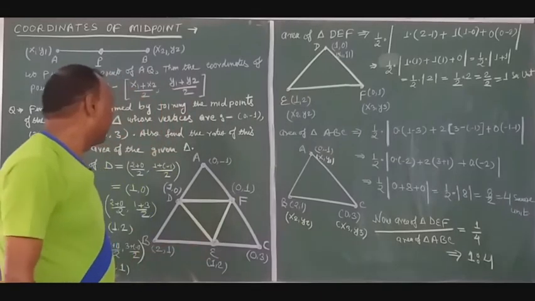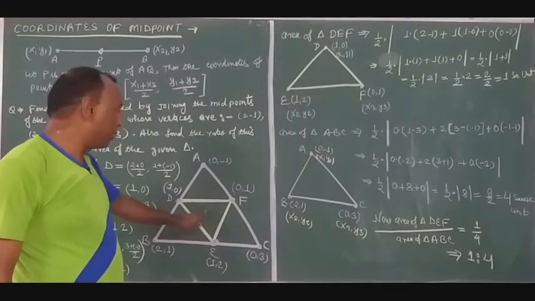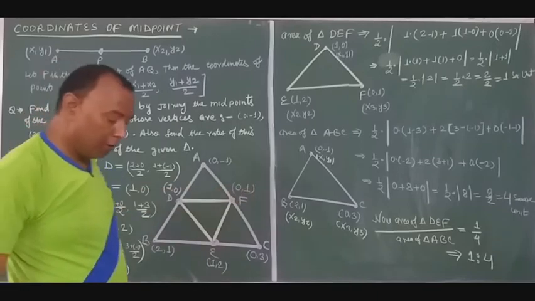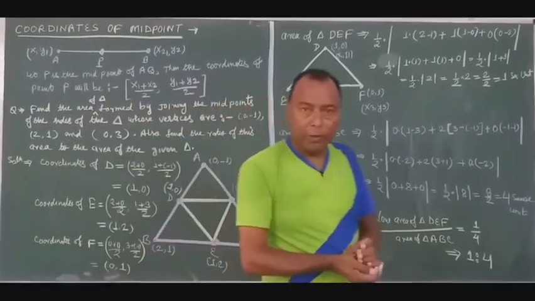So what will be the ratio of the area of this triangle to the given triangle? 1 ratio 4.